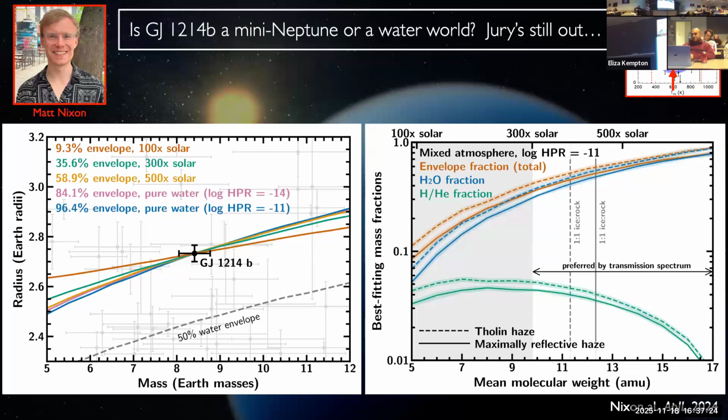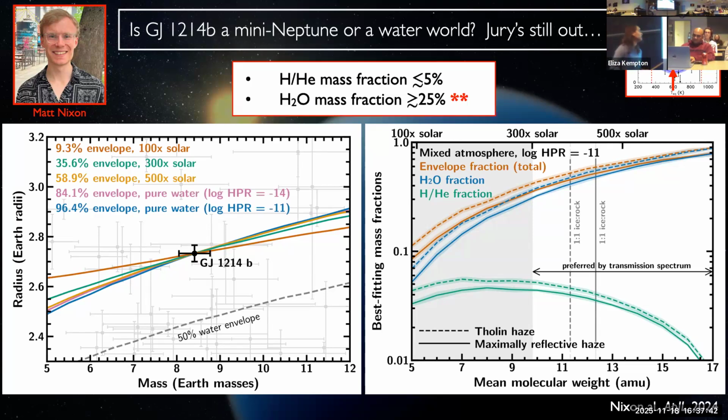All right, so in terms of what this planet is in bulk, again, looking at interior structure models for this planet, coupled together with our understanding that now the atmosphere of this planet has to be at least a few hundred times solar metallicity and very hazy, what Matt Nixon finds is that the implied hydrogen mass fraction in the planet is up to a few percent, but also the implied water mass fraction in this planet is probably a few tens of percent.